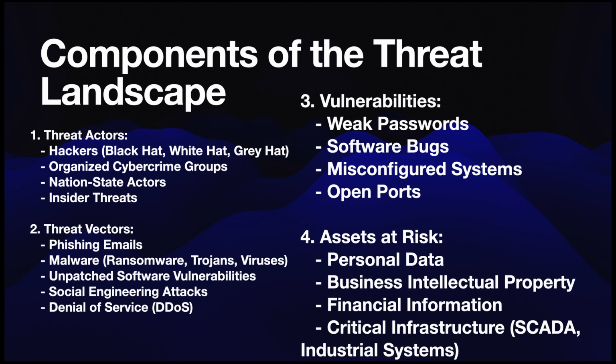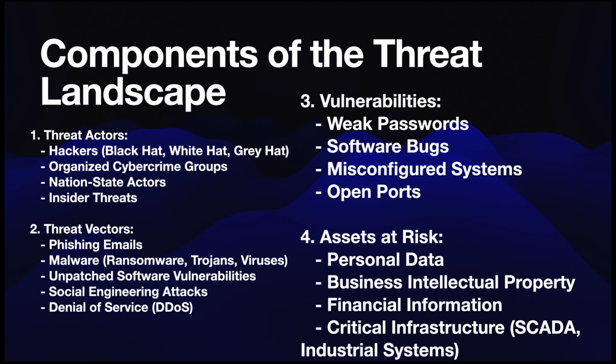Second one, threat vectors. How do they attack? Phishing email, a fake email that tricks you into clicking a malicious link. Malware, software designed to damage or steal information, for example ransomware or Trojans. Unpatched software, software bugs that attackers exploit.